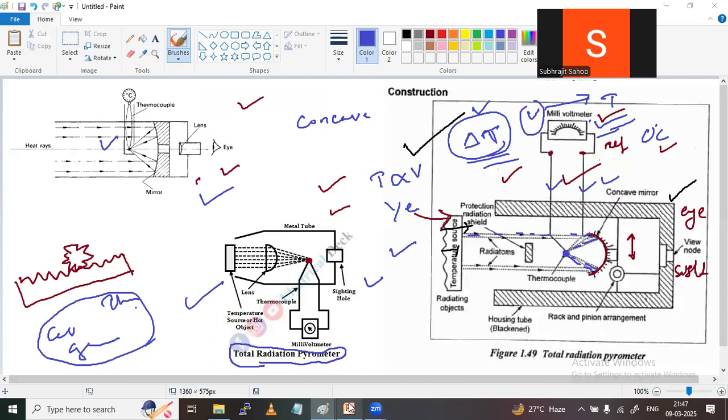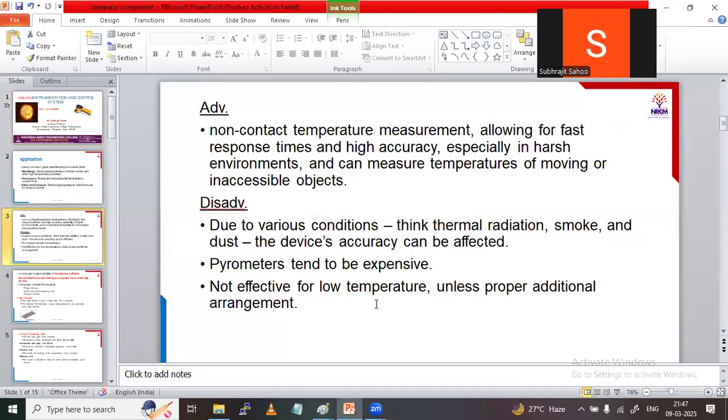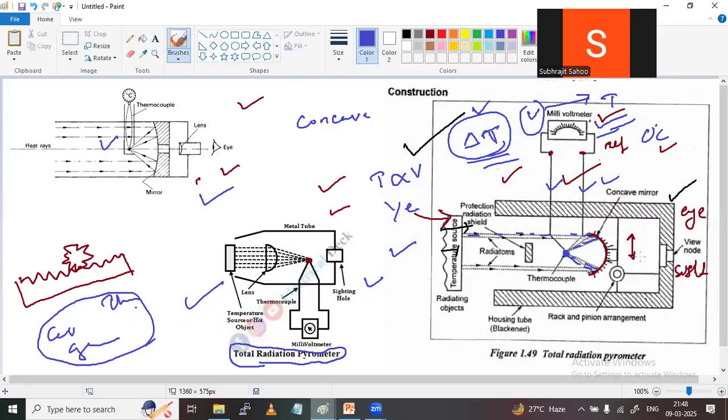Okay, so one more disadvantage related to industry. Suppose here it is written smoke and dust particle. Ash particle frequently comes from the thermal power plant with the hot gases and hot radiations. There is a chance some dust particle or ash particle will come and attach to this lens surface.